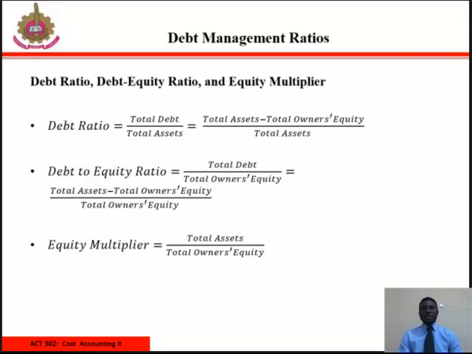The equity multiplier is calculated by dividing total assets by total owner's equity. Those are the three basic formulas that we have under debt management ratio. That is, we consider debt ratio, debt to equity ratio, and equity multiplier.